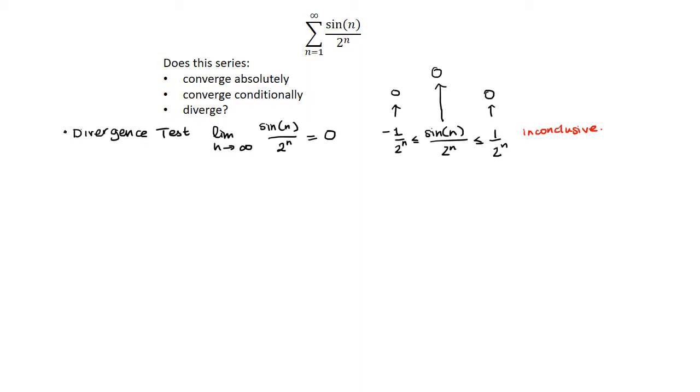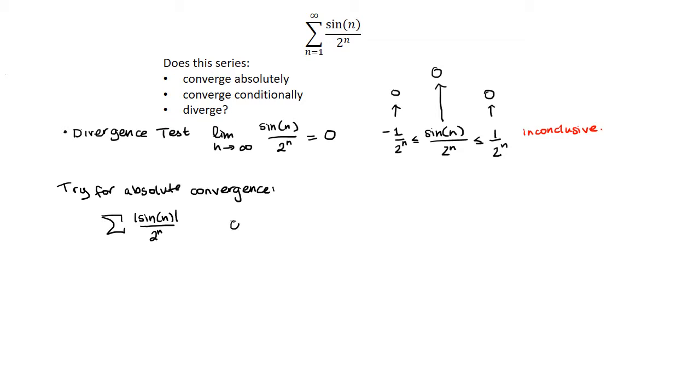So we're going to take the absolute value of these terms. And when we look at this, I think a good place to start is thinking about the comparison test. Just like when we did the divergence test, we were thinking about comparing with 1 over 2 to the n. A similar thing can be used here.